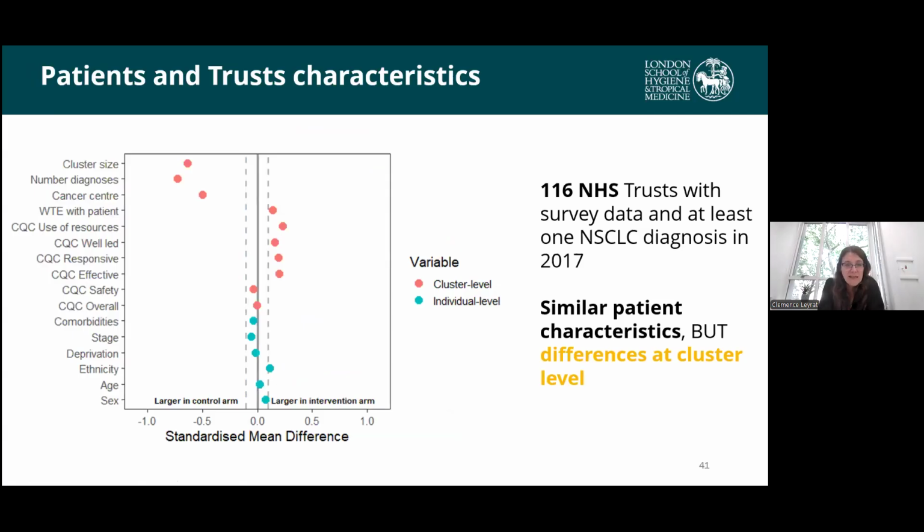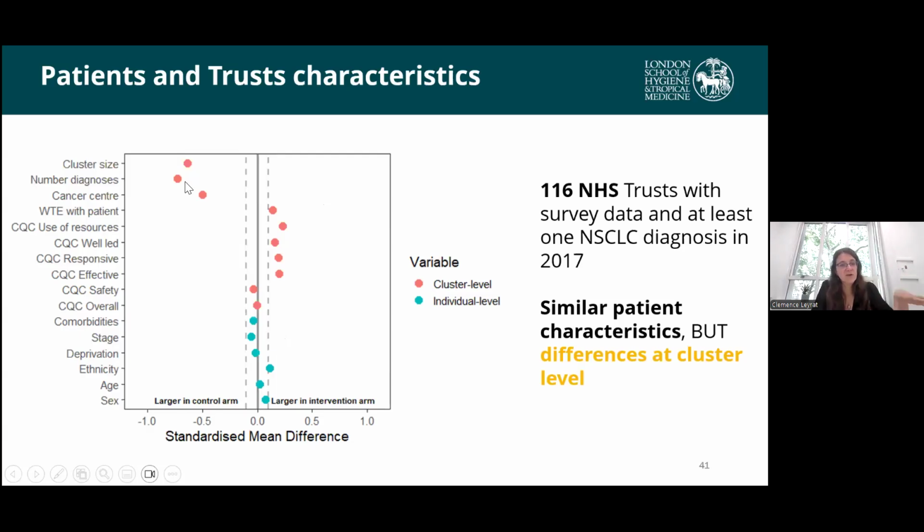So an interesting thing, if we look at covariate balance between groups, we had 116 NHS trusts. And if we look first at individual level covariates, so stage, age, sex, and so on, there is almost no difference between the two groups and the covariates are well balanced. So we are not worried about confounding on individual level covariates. However, for cluster level variables, there were some differences, especially in the control groups.